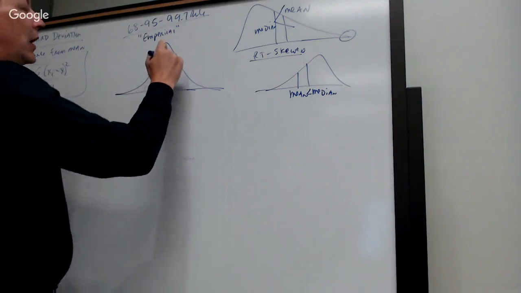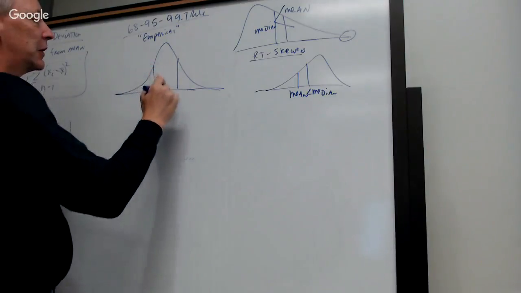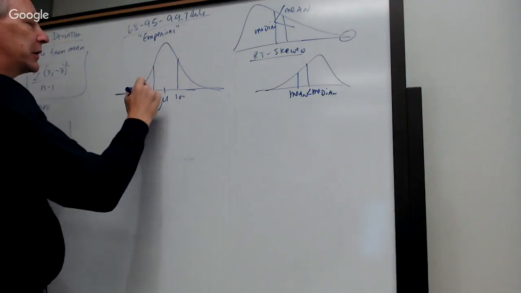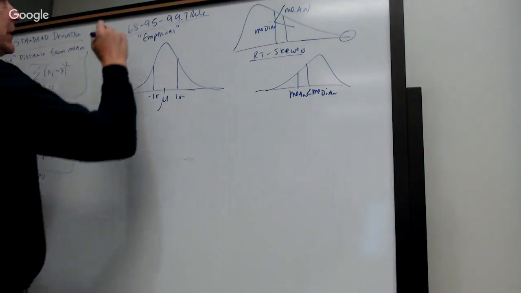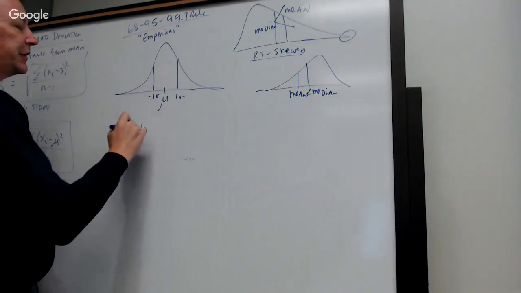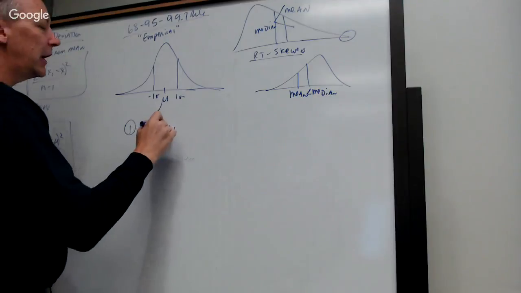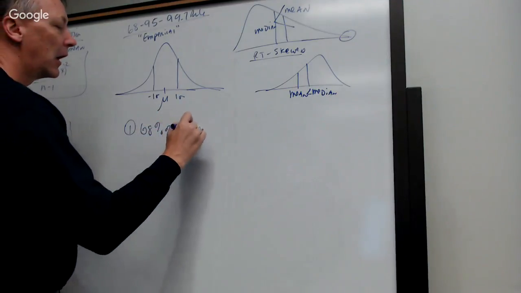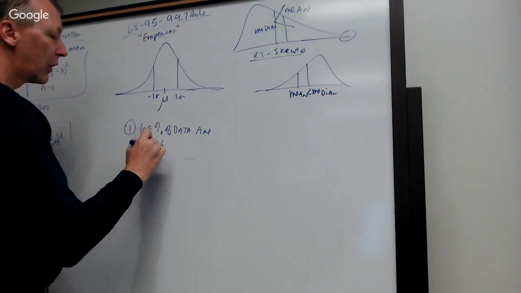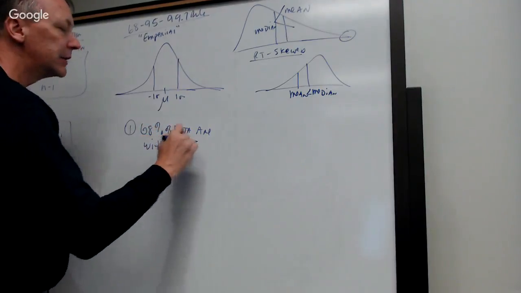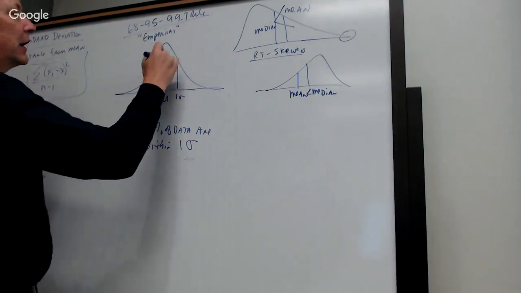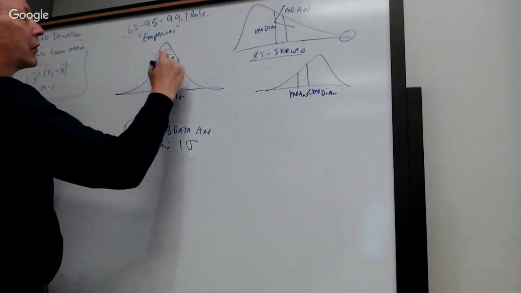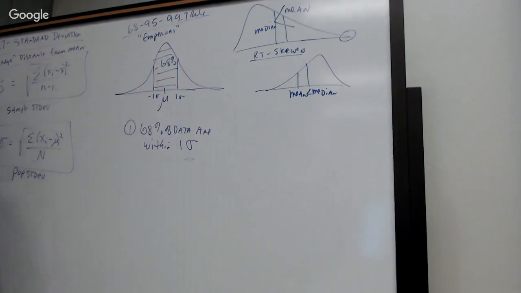If you go out one standard deviation, so I'm going to put 1 sigma, minus 1 sigma here, the 68, 95, 99 rule says that 68% of your data are within 1 standard deviation. So this area here, 68%. This is why we figure out our standard deviation.